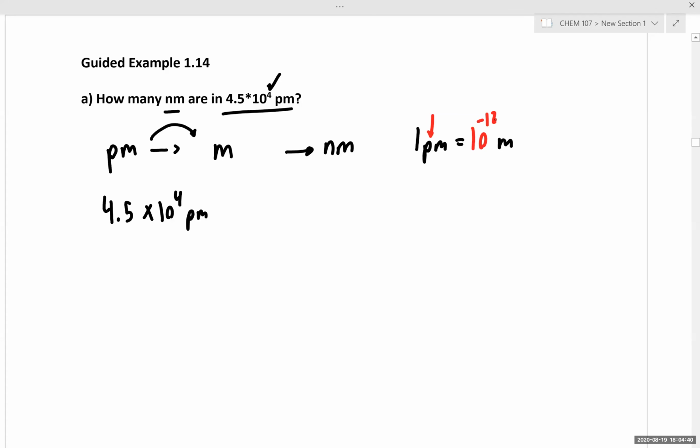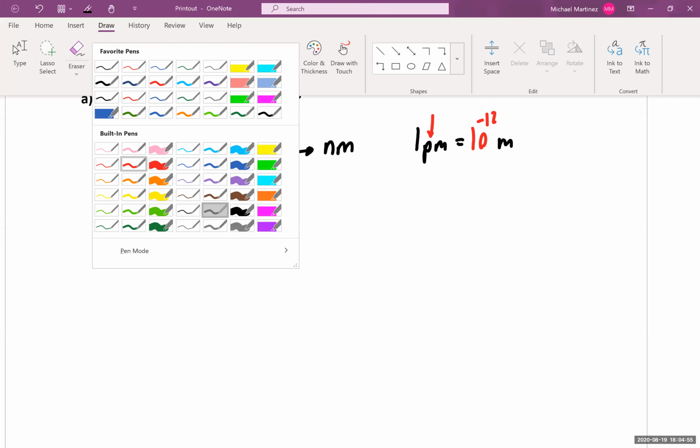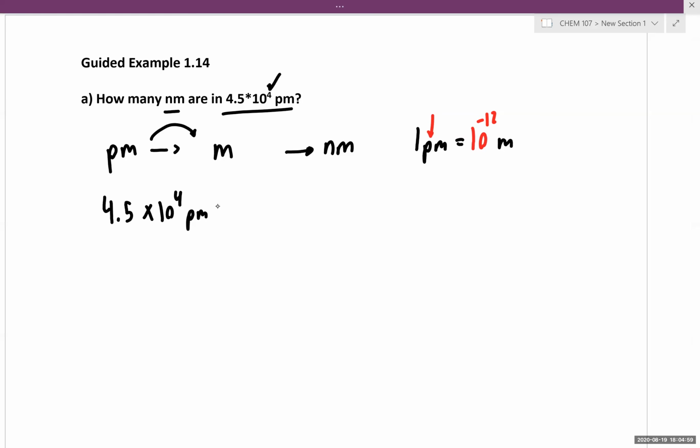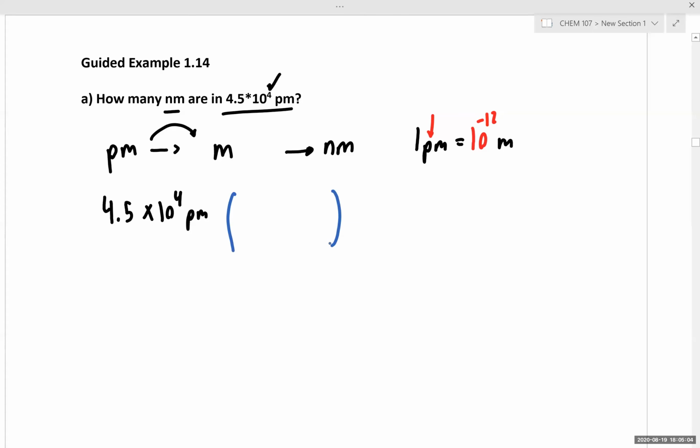Picometers, I like to think of as the atomic scale. Many bond lengths and atomic radii, the size of atoms, are measured in picometers. Okay, so now that we have our equality, what we're going to do is we're going to generate a unit conversion factor.